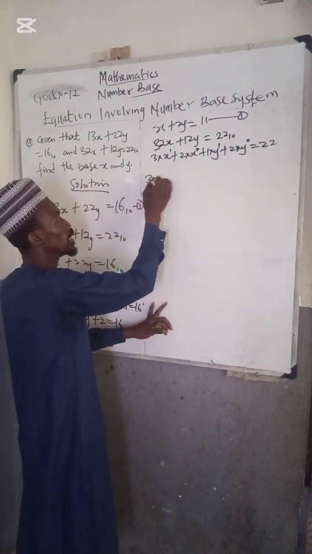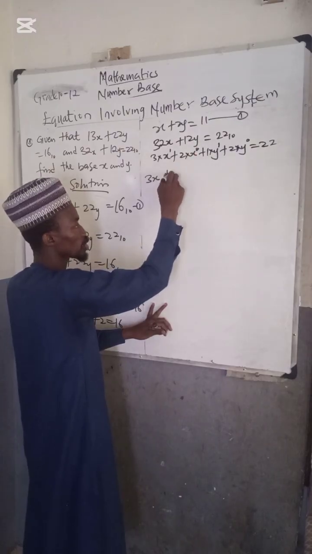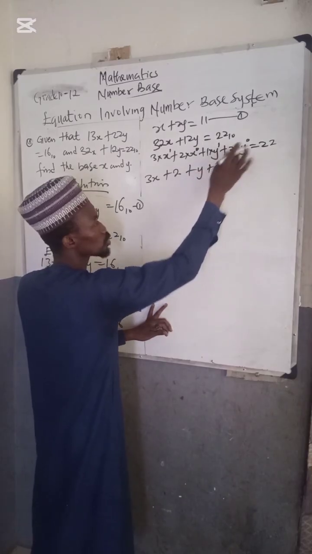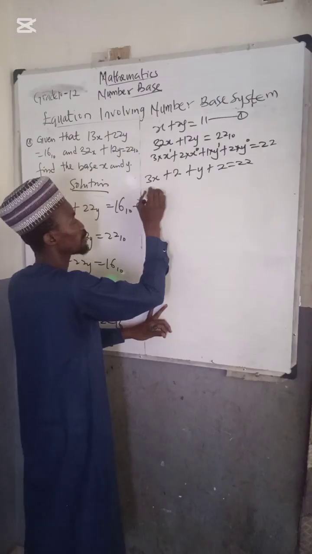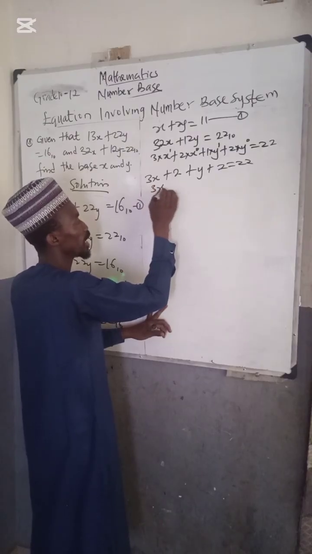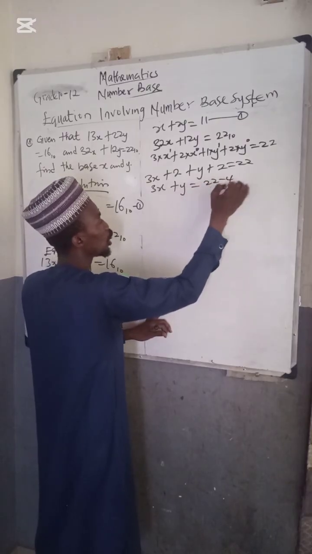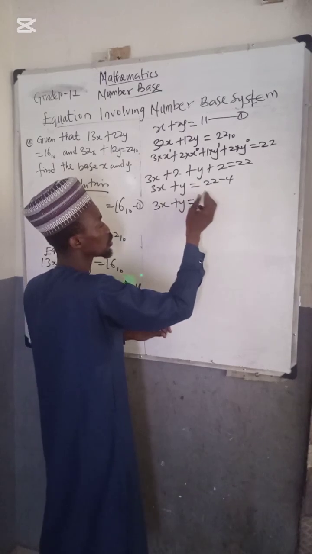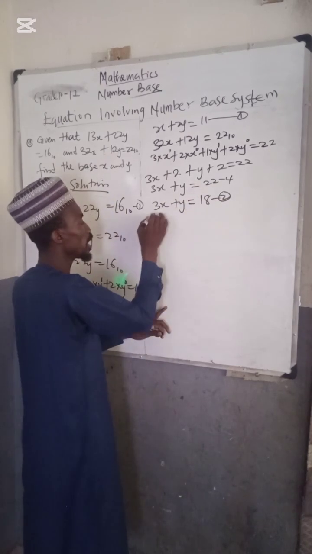Any number raised to the power 0 is 1, so 2 times 1 is 2. Collecting like terms, 3x plus y is equal to 22 minus 4. That is 18, equation 2.